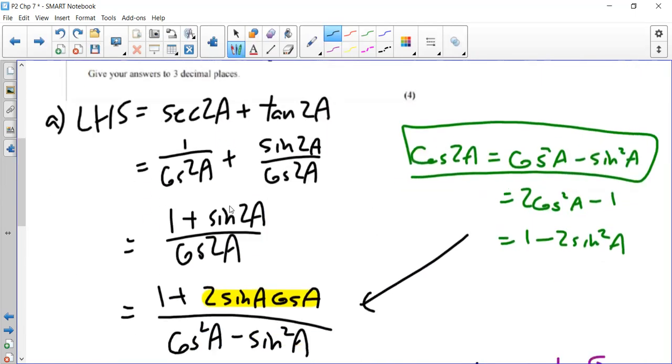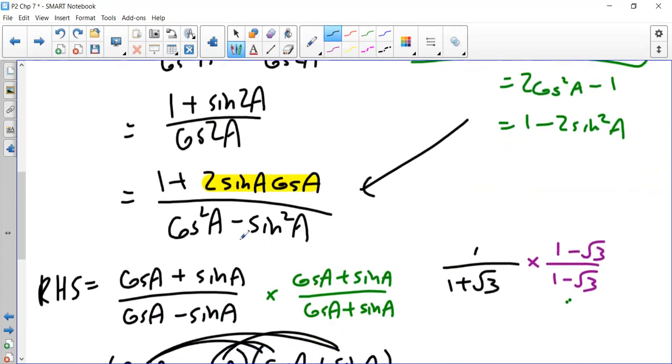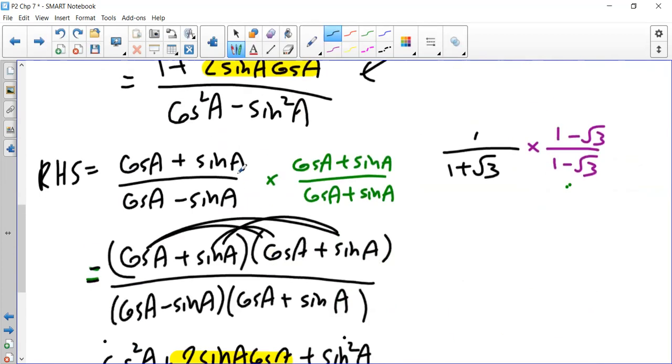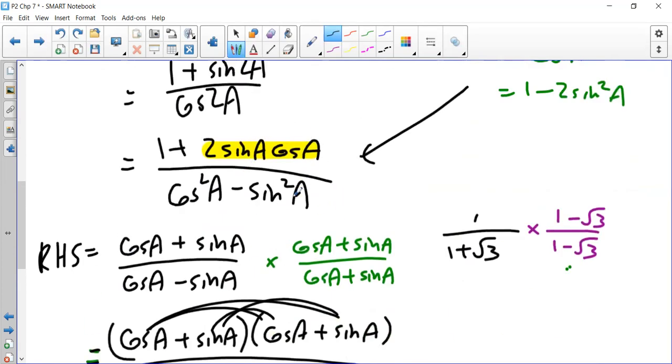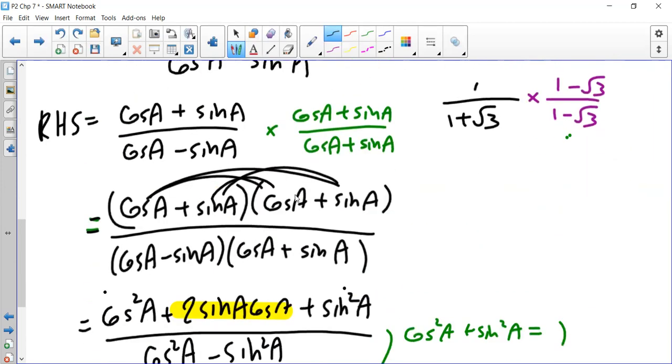You can start from one side, work it out. Obviously, the algebra has to be correct. And then at one point, if you can't continue, stop there. On the parallel side, start from the right-hand side, see if any steps match with the left-hand side. If they do match, perfect. You finish the proof. So that's the answer to part A.